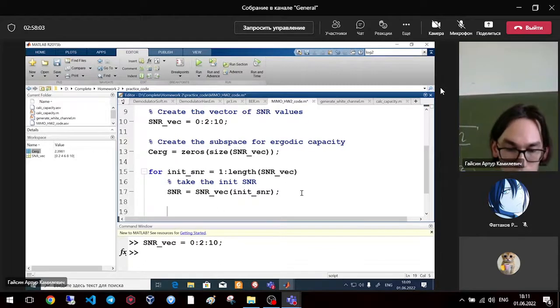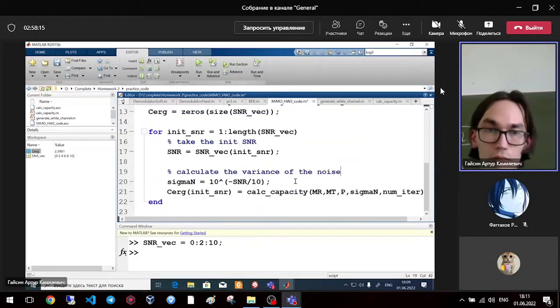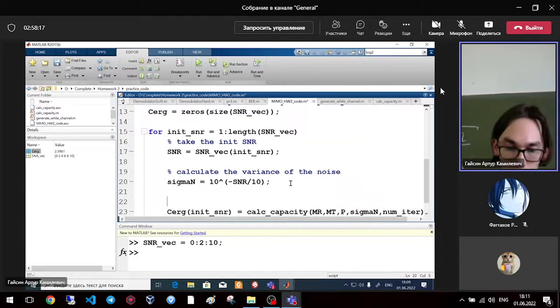Then calculate the variance of the noise, and then let's compute the big capacity for init.